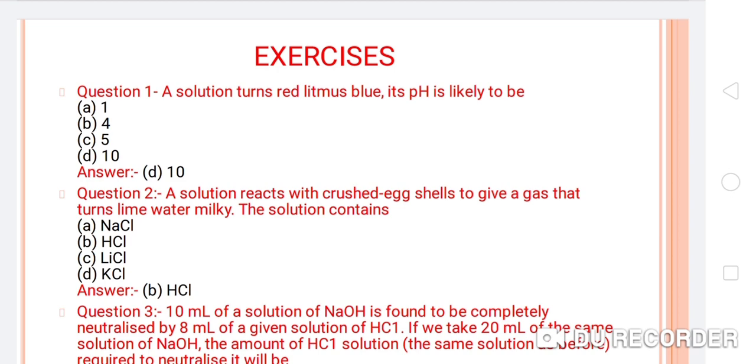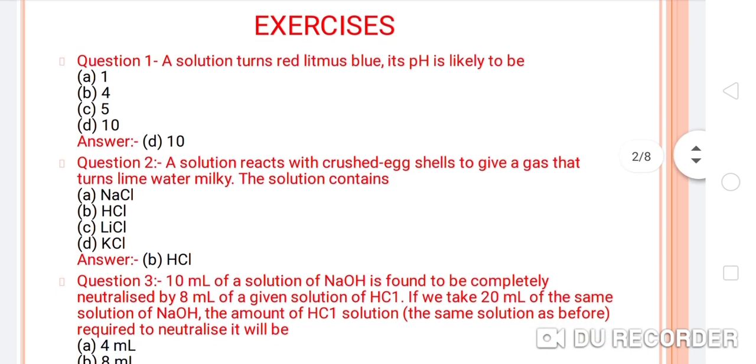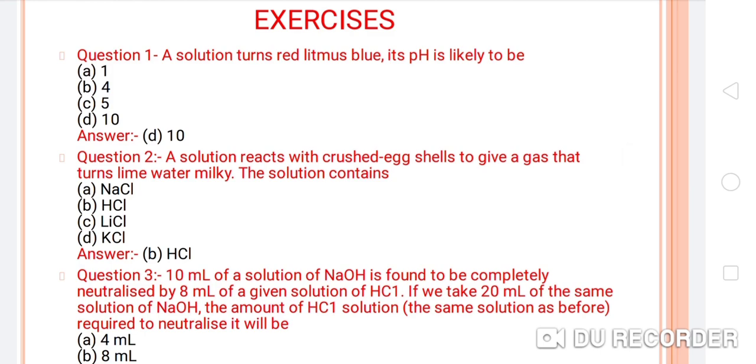A solution reacts with crushed egg shells to give a gas that turns lime water milky. The solution contains... As we know, if metal carbonates and metal hydrogen carbonates react with an acid, they form the respective salt, carbon dioxide gas evolves, and water forms.